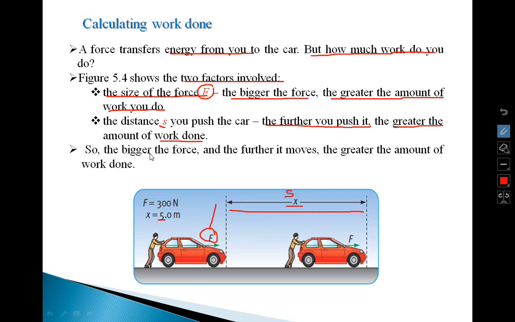The bigger the force and the further it moves, the greater the amount of work done. You need lots of work to push the car this distance.